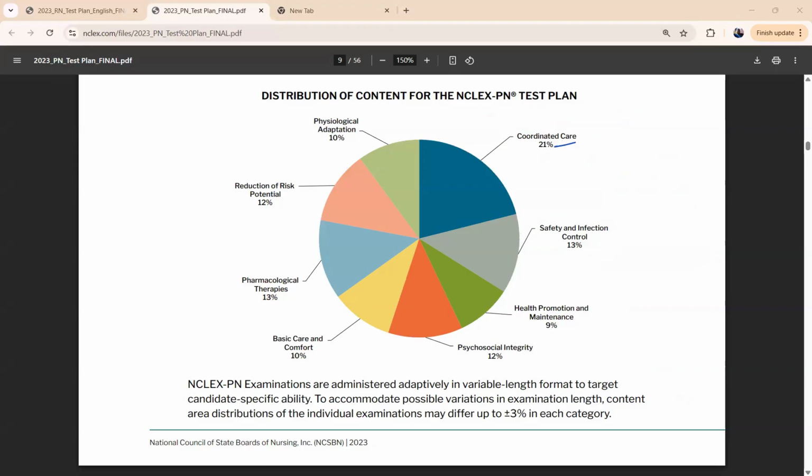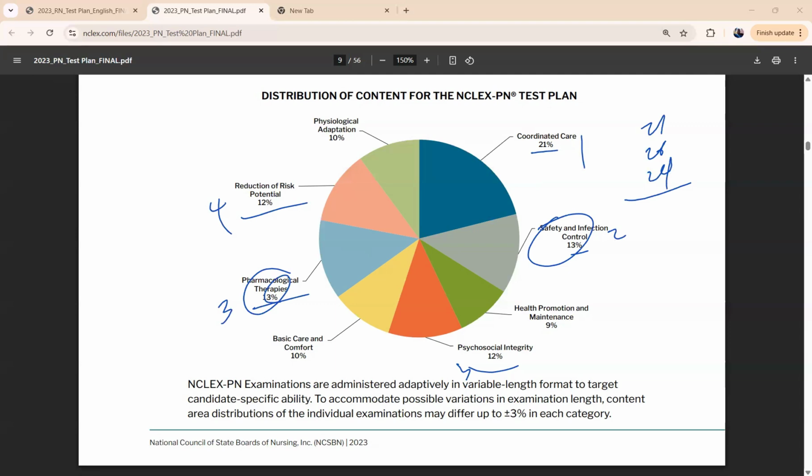Now, I said I'm going to show you the 7 key areas you need to know. Let us do the math together so that we can know the key areas. Look at this 21%, then the next one is 13, and then this area, so now we have 1, 2, 3, 4, 5. Let's do the math. We have 21%, we have 26, and then we have 24.